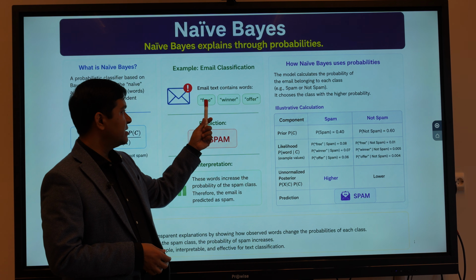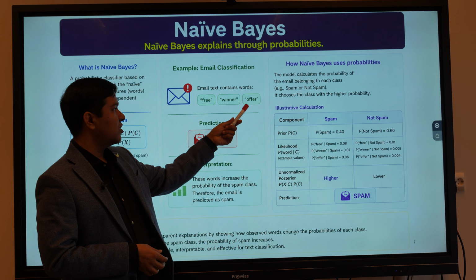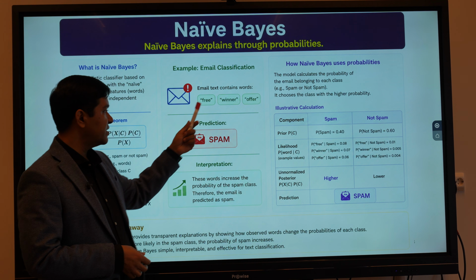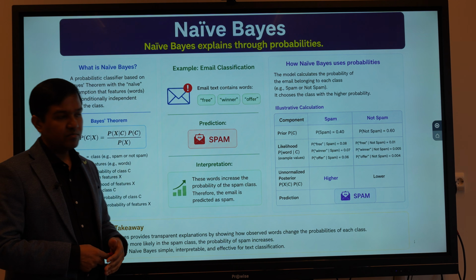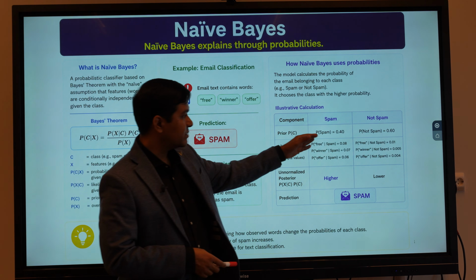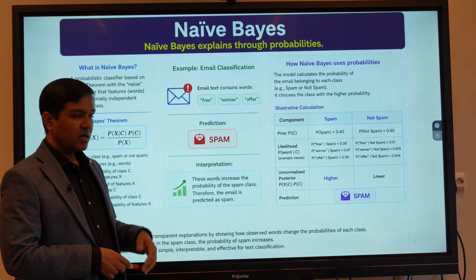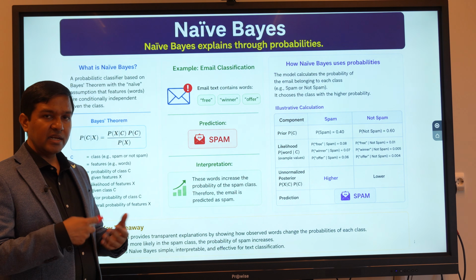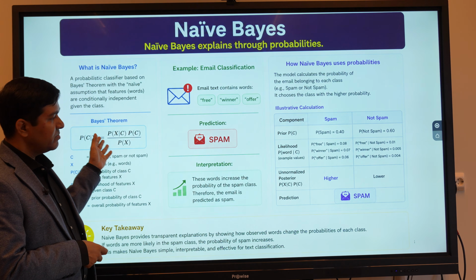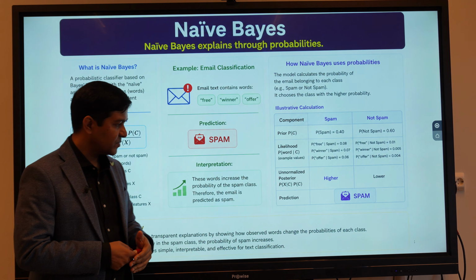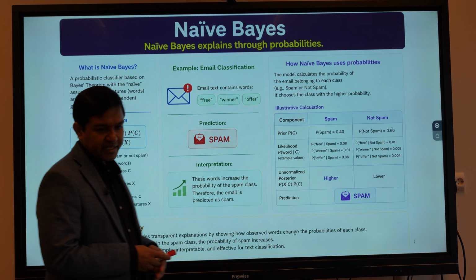In the email some words were there: free, winner, offer. Because of the data like spam or not spam, the prior probability, the likelihood probability, then using the Bayes theorem it predicted it to be spam. Okay. So this is an example.